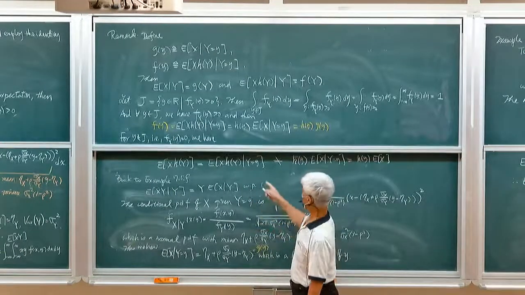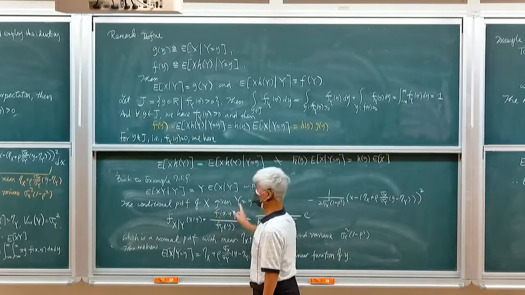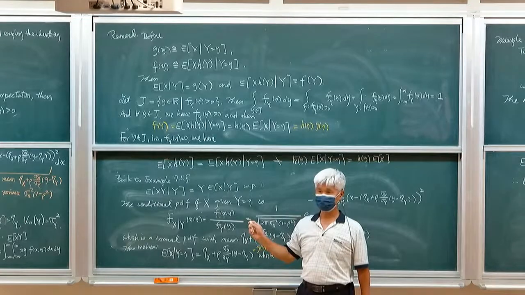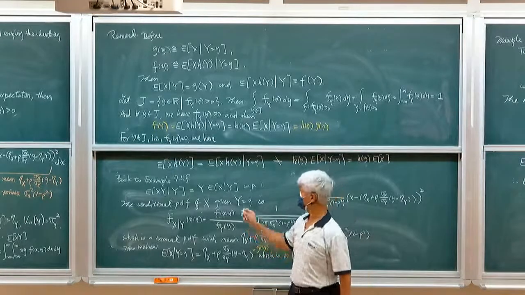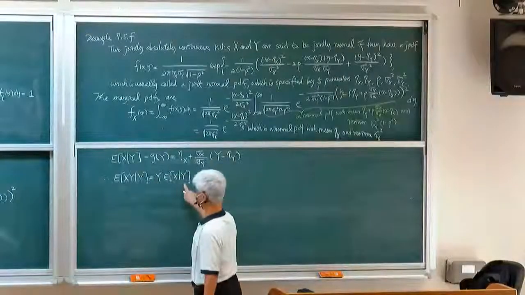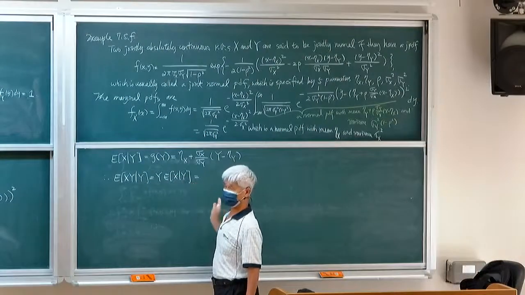Why? Because the marginal PDF of y is always positive. So they are equal exactly for every y.